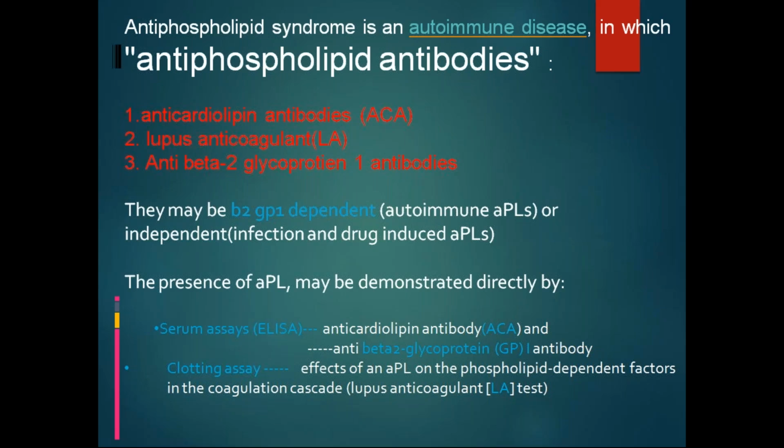Everything is dependent on these three antibodies. It is very important for your future examinations, your upcoming NEET or whatever, even in the final examinations, where Viva is one important question. You must know the names of these three antibodies: anti-cardiolipin antibody, lupus anticoagulant, and anti-beta-2 glycoprotein 1 antibody.